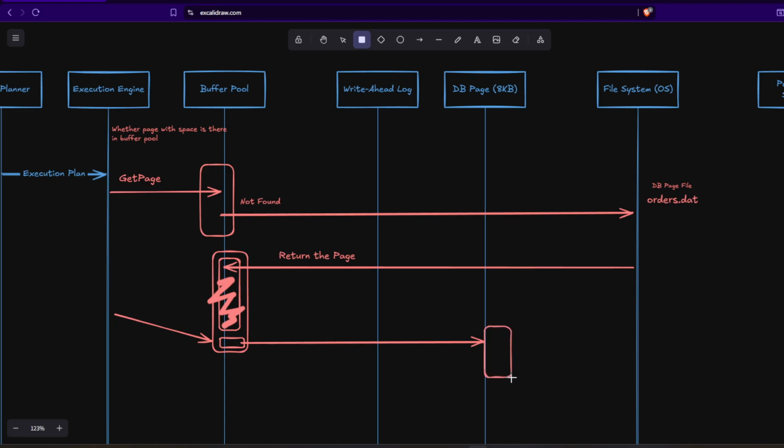But this DB page is still in my buffer, right? Now there comes the role of the WAL, or write ahead log, which is very important. So what exactly are write ahead logs?